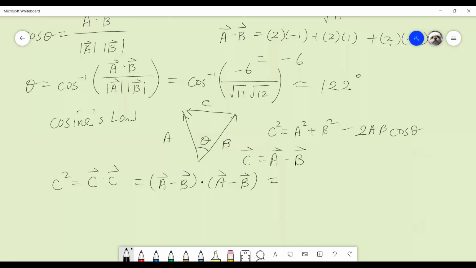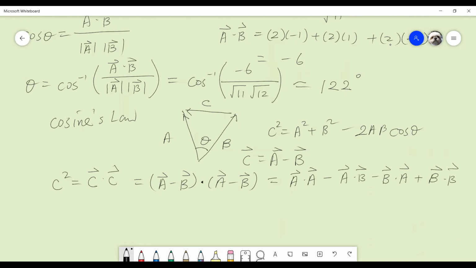Okay, now let's do that. Now I have (A minus B) dot (A minus B). The way you dot them out is just like the way you multiply them out. A dot A, and then I have negative A dot B, a negative B dot A, and then positive B dot B, right?